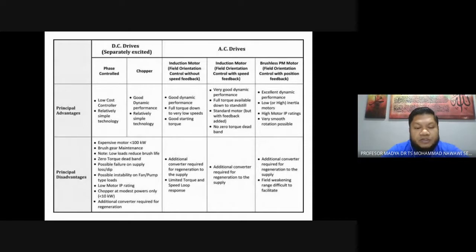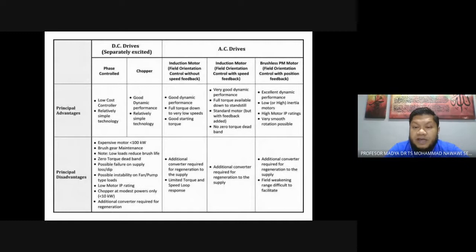So you have to do some maintenance to the brush. And then we have low load, reduced brush life, zero torque dead band, possible failure on supply, possible instability, low motor IP rating, and the rest.